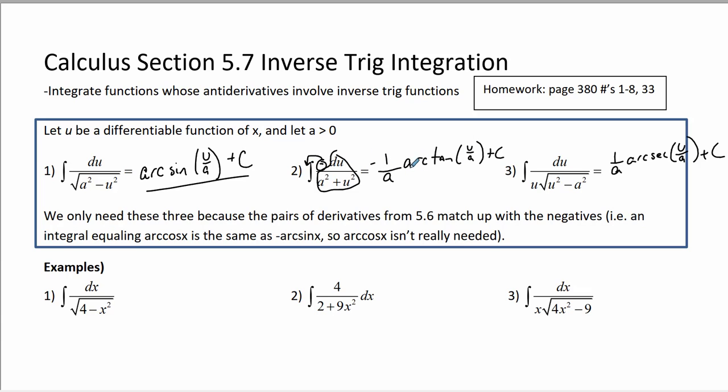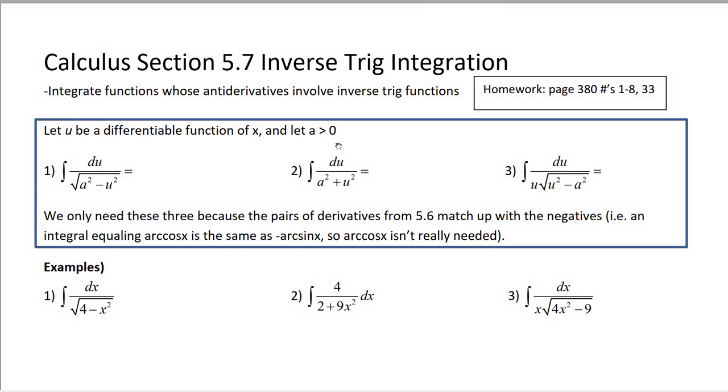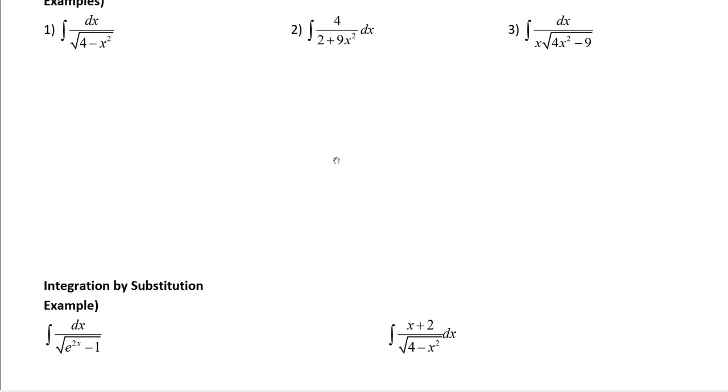The negative just means the same thing in this case. So you don't have to worry about any of the cosine, cosecant, cotangent ones here. It makes life a little nicer.